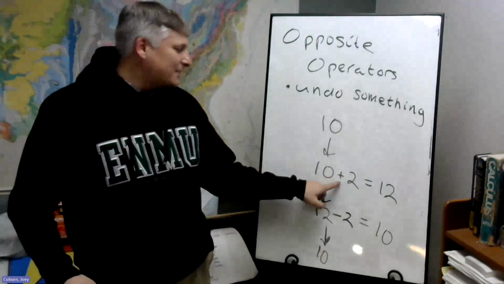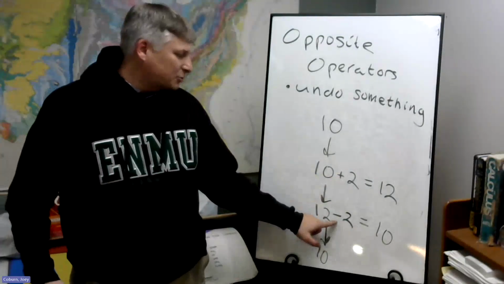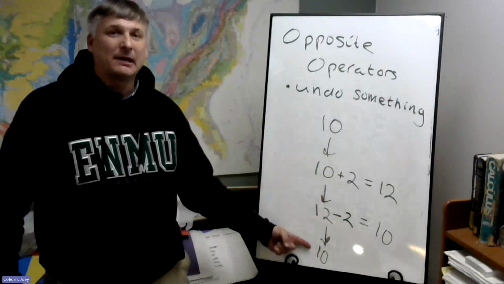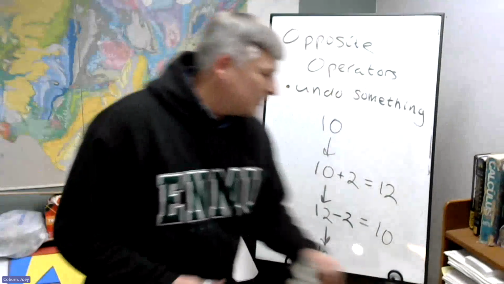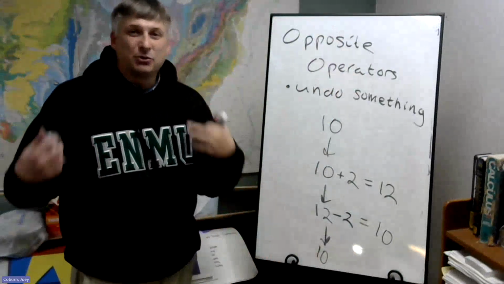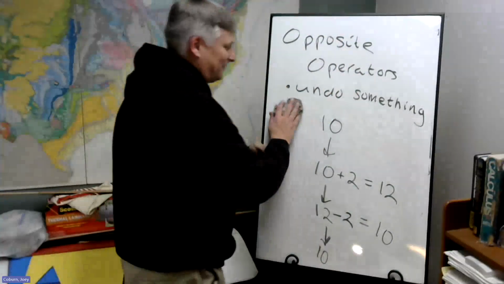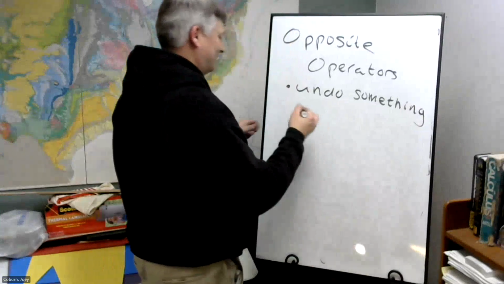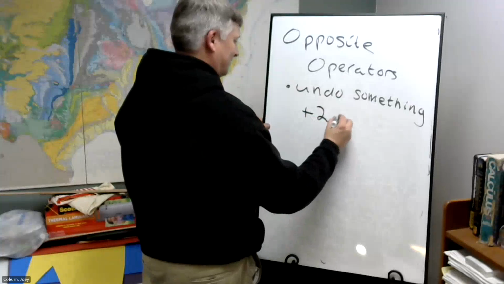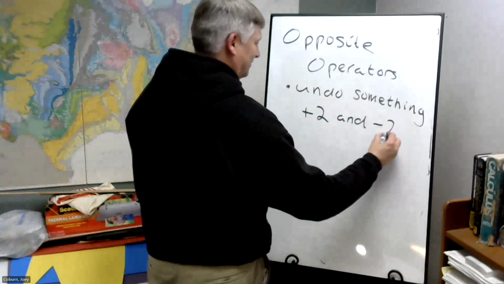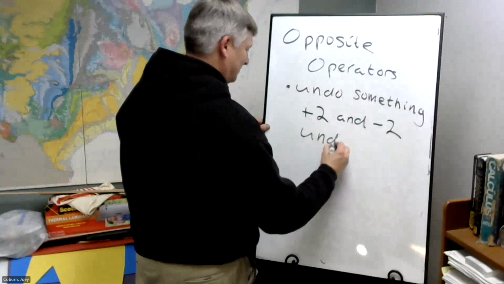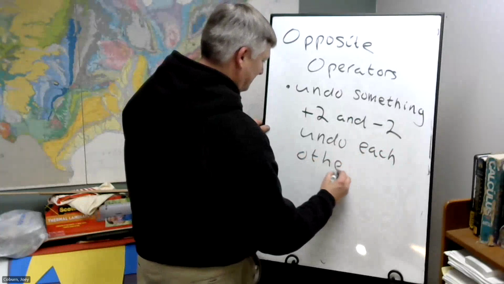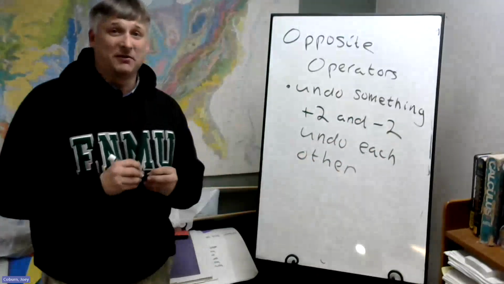So if you add 2 and then later subtract 2, you'll end up at the beginning. In a way, you could say adding 2 and subtracting 2 are opposites. They undo each other.